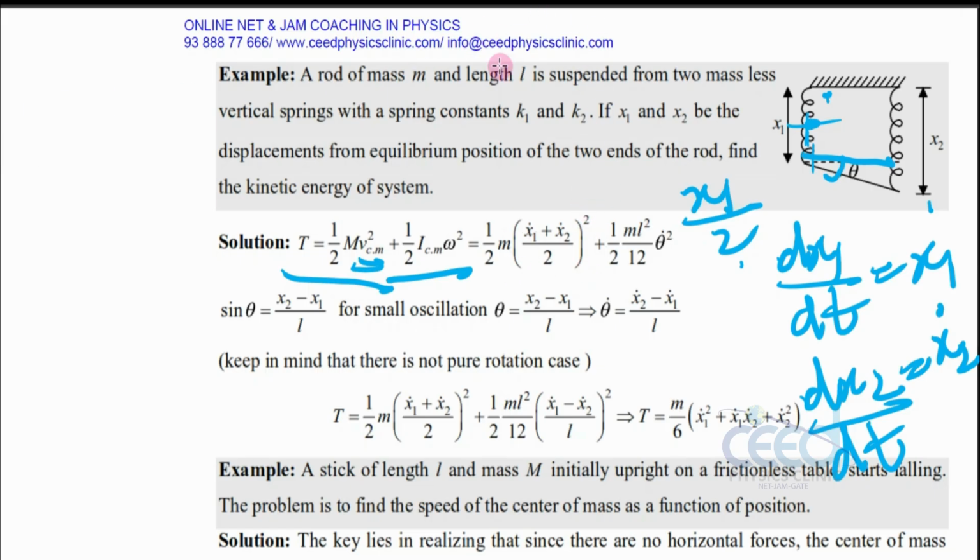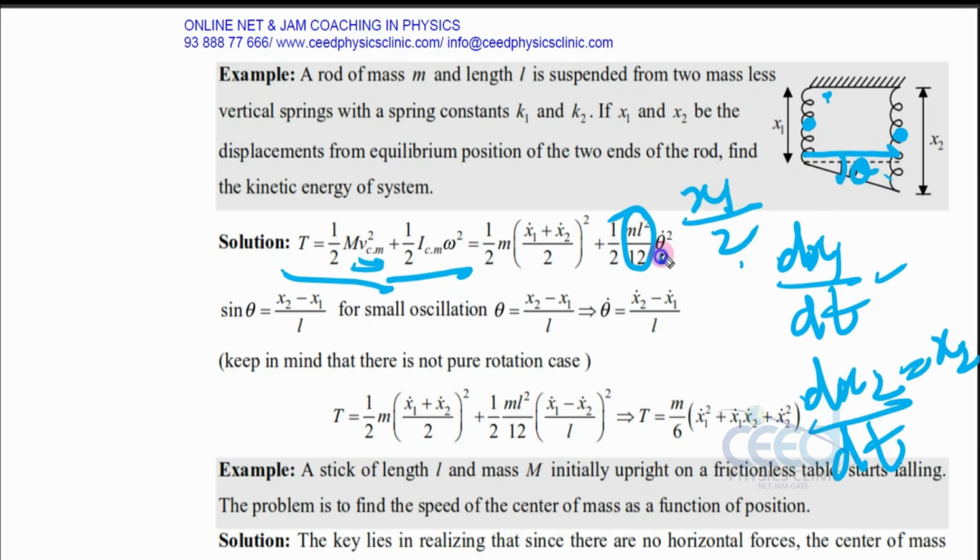Now here x1 and x2 are considered as a lengthwise distribution. Then about the center of mass, what is the moment of inertia? m L squared by 12, and theta is the angle difference. Then what is omega?